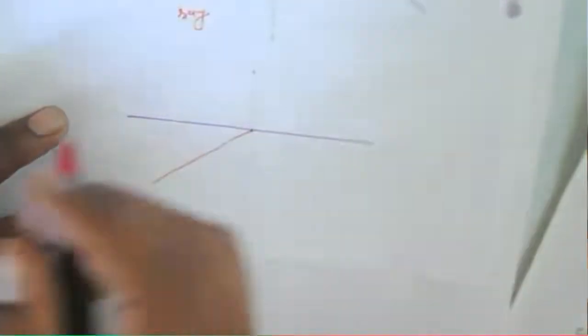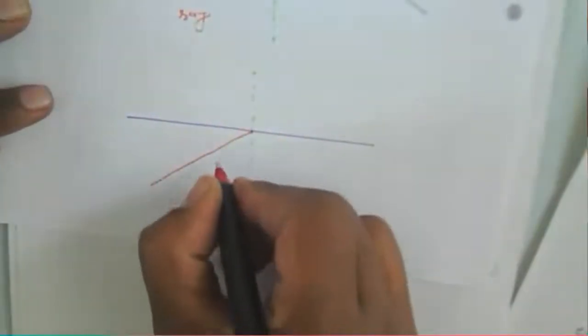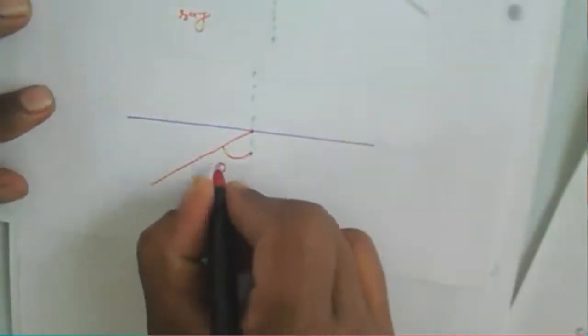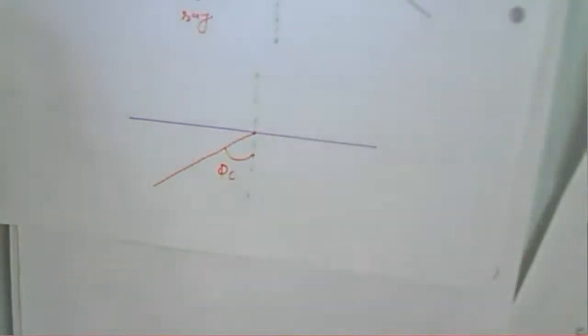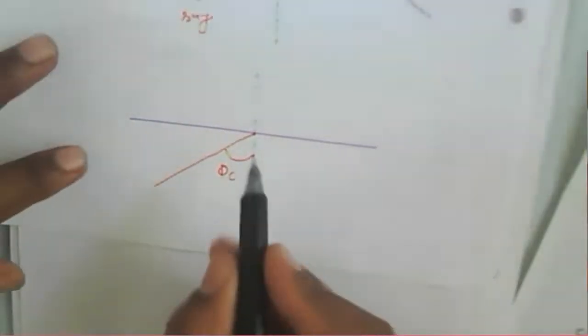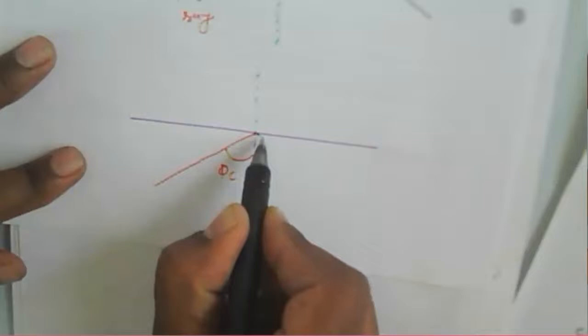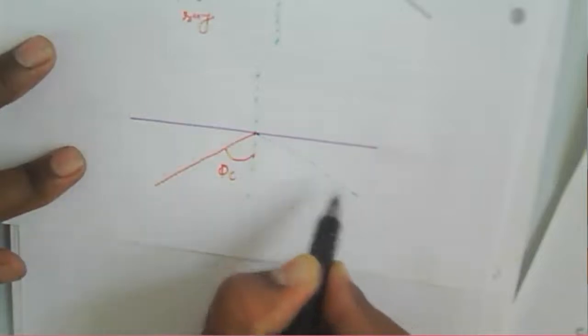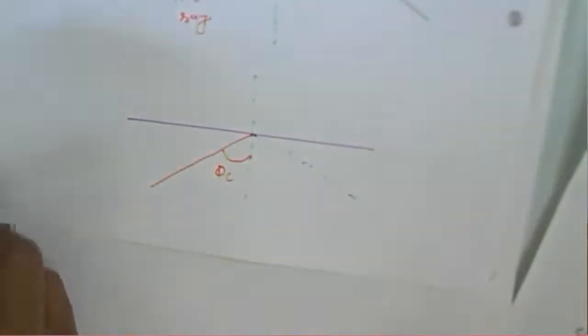So this is our incident signal. We should know what the value of the critical angle is, so that your signal will be reflected back.